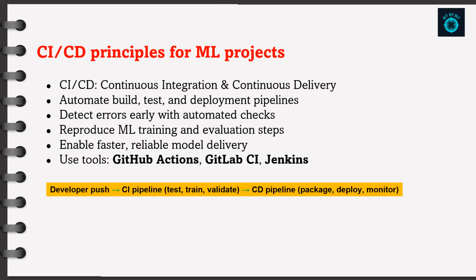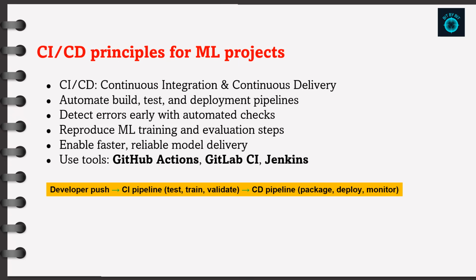To make this work, we usually rely on automation tools like GitHub Actions, GitLab CI, or Jenkins. These tools run YAML configuration files that define what steps to perform when code is pushed, merged, or tagged in version control. They can install dependencies, run tests, train models, push Docker images, and even deploy APIs to cloud platforms automatically.